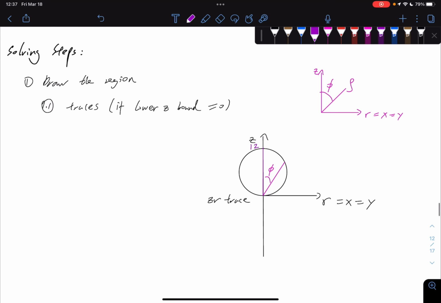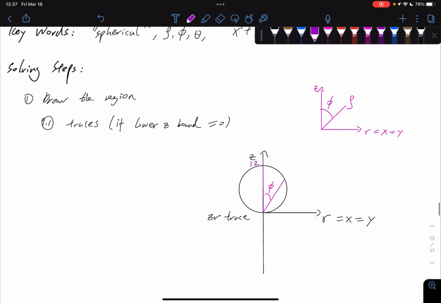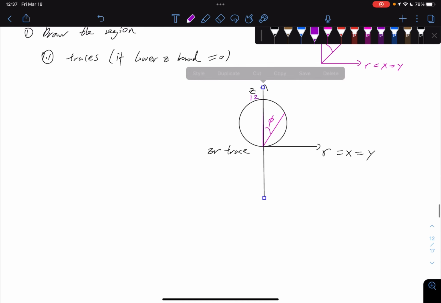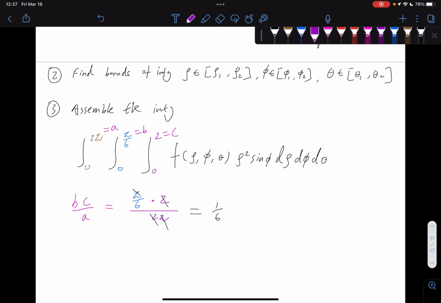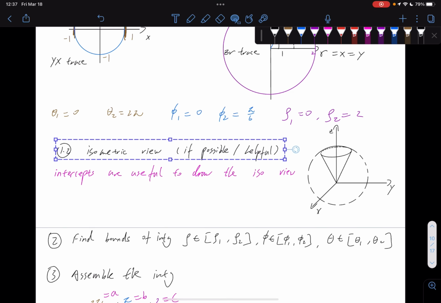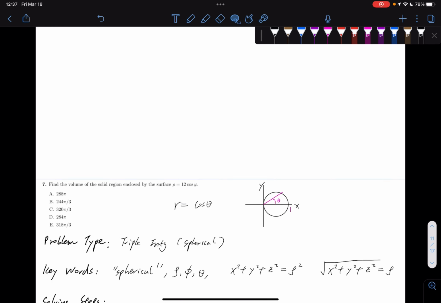Okay, hopefully this makes a clear image for you. We can also go ahead and draw the isometric view to help us get a better picture of it.